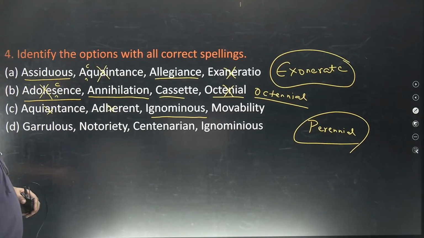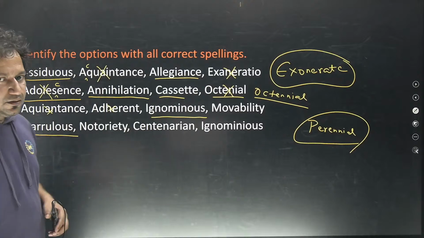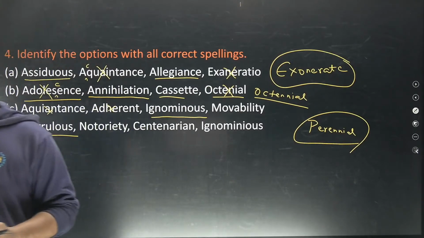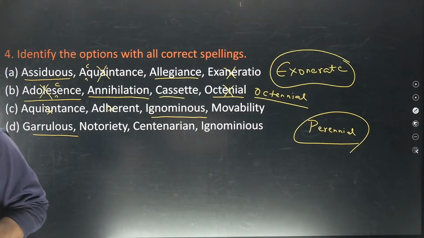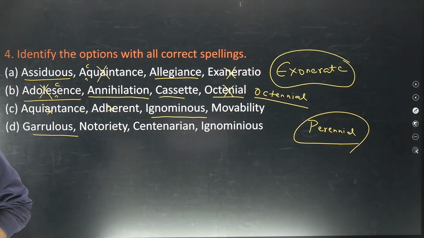If you look at option D, garrulous. What is garrulous? Someone who talks at extreme, who talks a lot, isn't it? Someone who talks a lot.